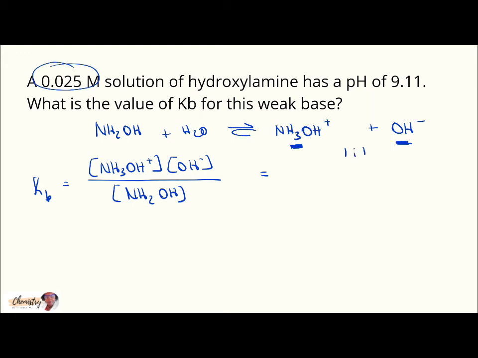And what that tells us is that from our expression, we're going to be multiplying the same two numbers, a number by itself. For that reason, we can simplify it to be the concentration of the hydroxide ion squared. So here's our simplified expression.